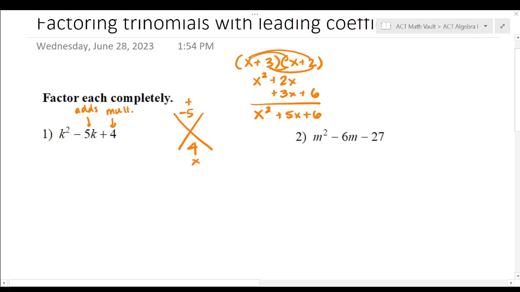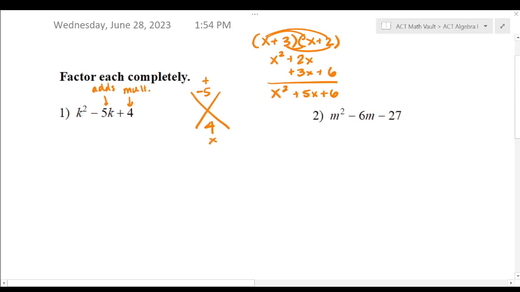What's always easiest is thinking about all of the factors of that last number, the third. So if I'm trying to think about what two numbers go here, what adds to negative 5 and multiplies to 4, I would think, well, what are all of the factors of 4? I have 1 and 4, and I have 2 and 2.